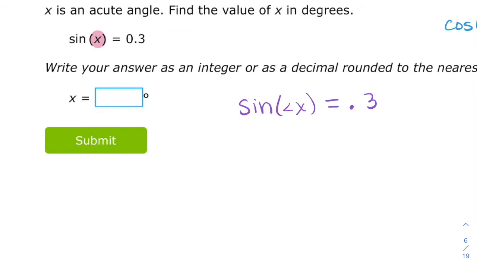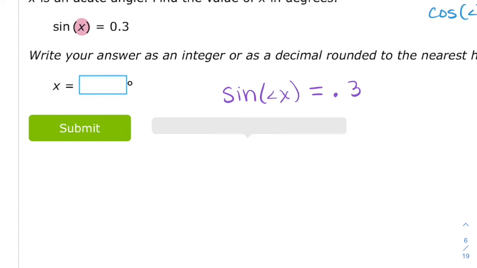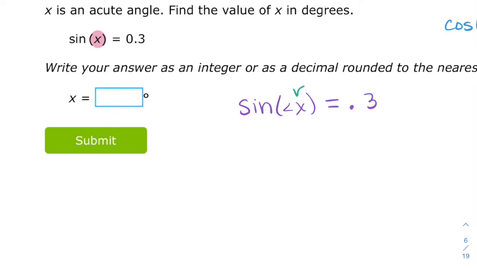Well, you're going to perform an inverse operation. An inverse says switch the input with the output. So what we're going to do is the sine of 0.3 is going to be equal to the measure of angle x.